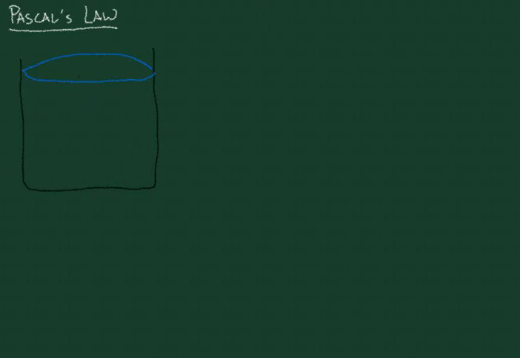And so let's say for this fluid that we have, it has cross-sectional area A, and there's some force F that's being applied to it. Well, we know that density, which we'll write as rho, is equal to mass over volume.